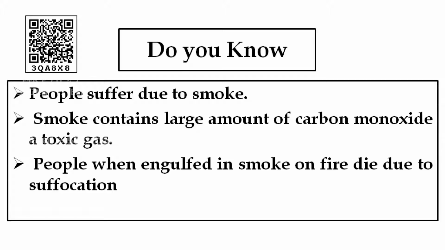People, when engulfed in smoke on fire, die due to suffocation. What is the meaning of suffocation? Suffocation is the state or process of dying from being deprived of air or unable to breathe. People suffer from smoking.